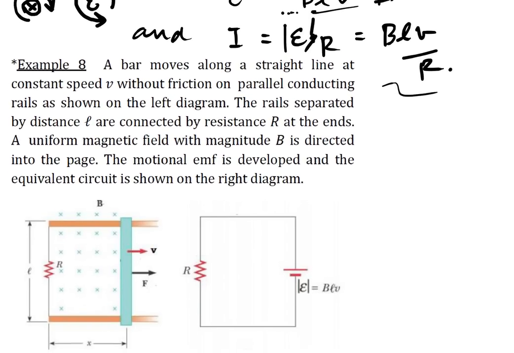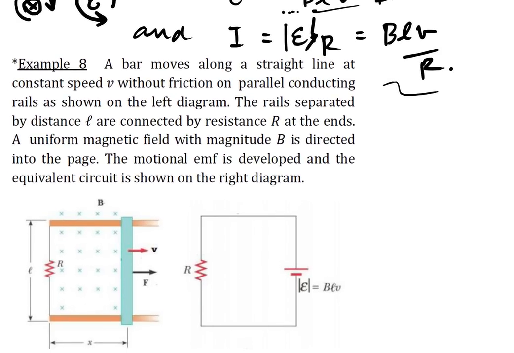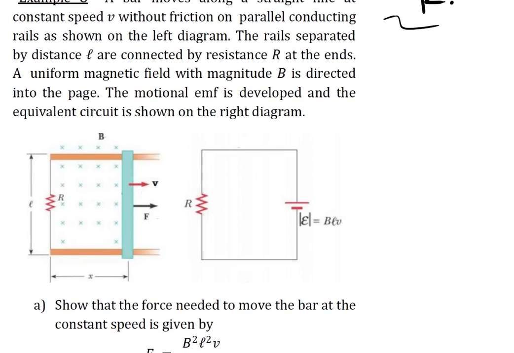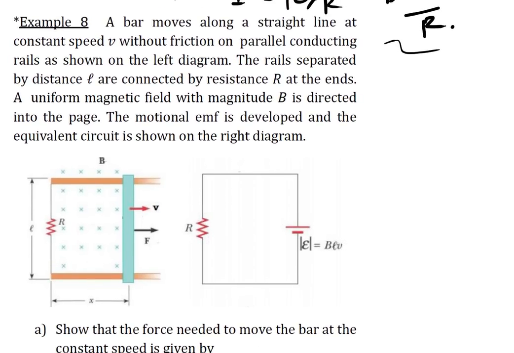For number 8, it continues from the last example. When you pull out the bar within the magnetic field, you get the induced EMF in the counterclockwise direction. If you consider just the green bar here, you have the current I flowing within the bar.